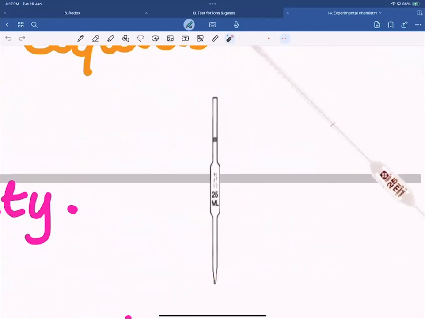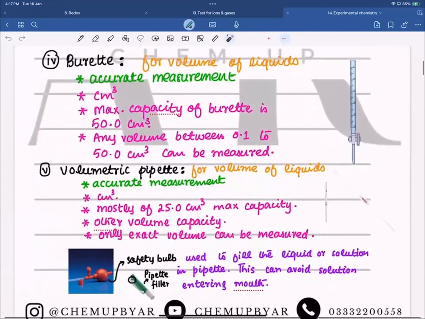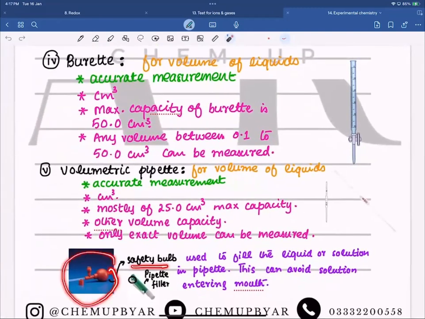But we usually fill acids with it. So there is a precautionary measure: if we do it that way, sometimes that liquid can enter our mouth. So for safety precautions, we will use a safety bulb, which is seen over here, or a pipette filler. So we can use them to fill the pipette.